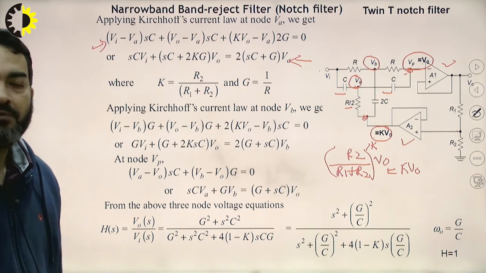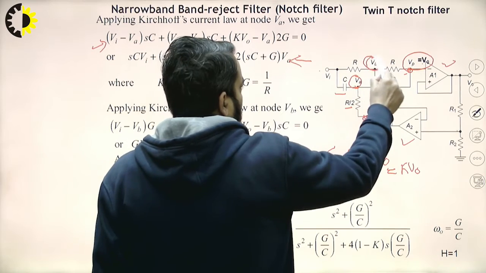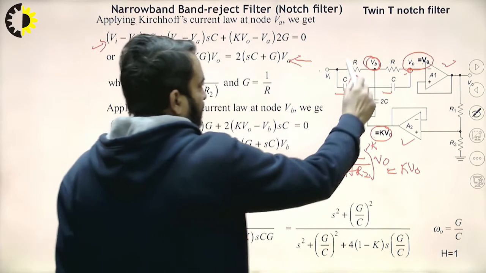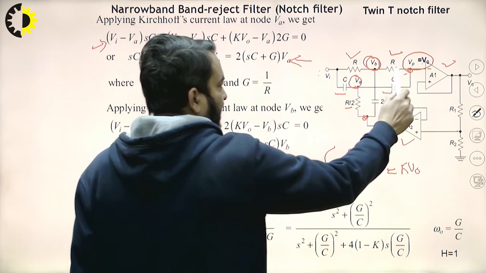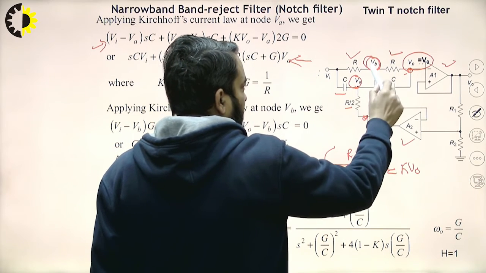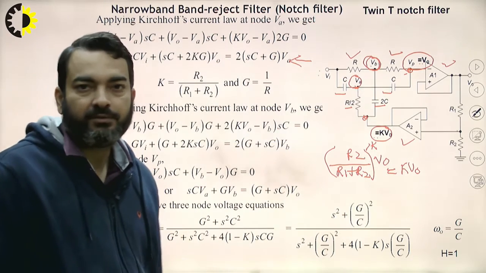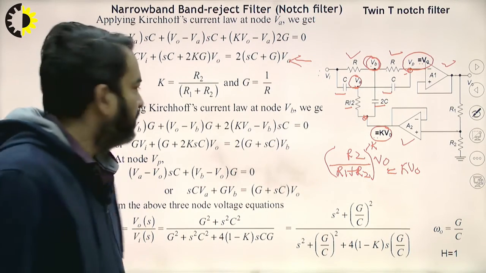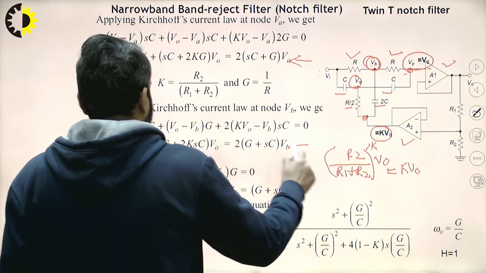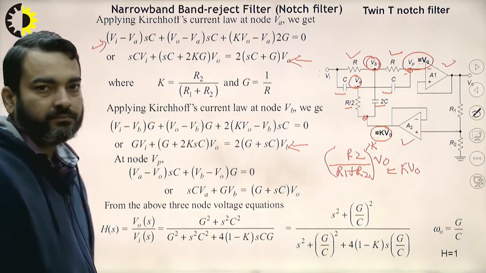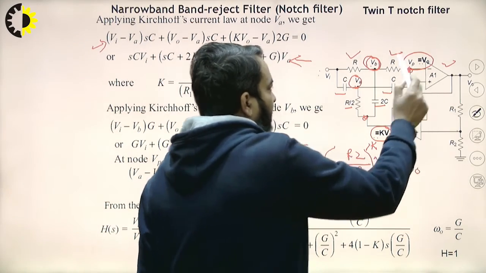In a similar way, we will apply KCL at node B. Node B is connected through these two resistances, this resistance through Vi, this resistance through V0, and this capacitor of value 2C through kV0. So we will get this equation at node B. Then the third KCL equation we will apply at this node.